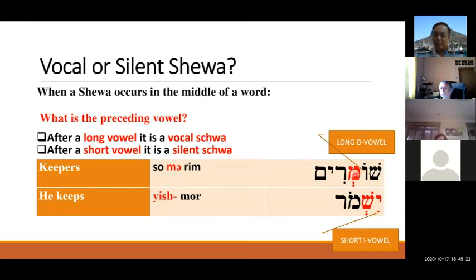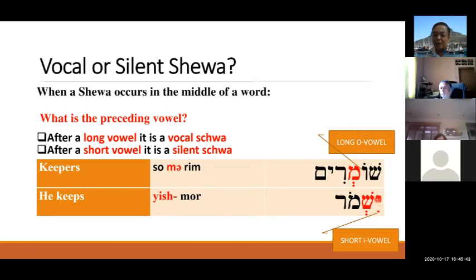So, me, rim. Now, if the vowel is so short, you need to borrow from here. You borrow the next consonant in order to pronounce the syllable properly.